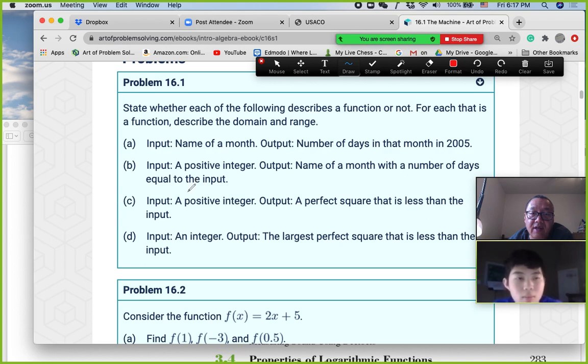Now let's say D. You said D is a function, right? What is the domain of this function?